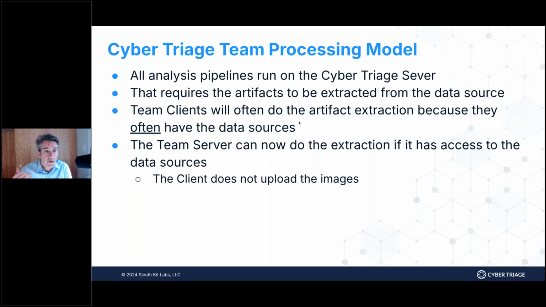That requires that the artifacts first be extracted from a disk image, a logical file set, your CAPE import, or something else. They have to be extracted from that data source before they can go down the pipelines. So historically, the Team client running on your laptop or desktop would do a bunch of that work.